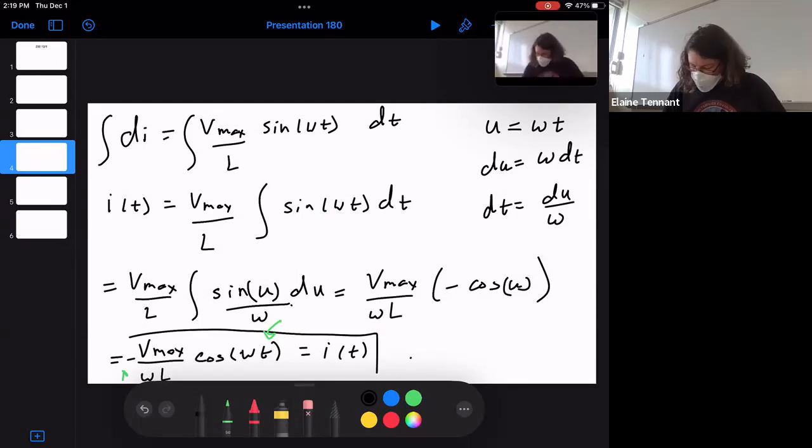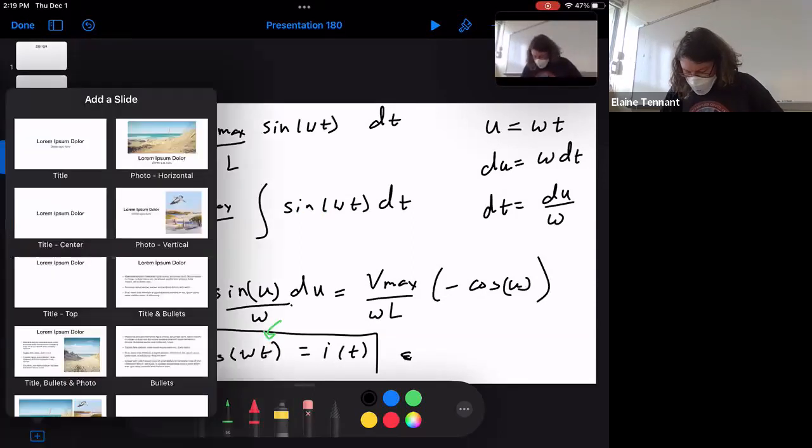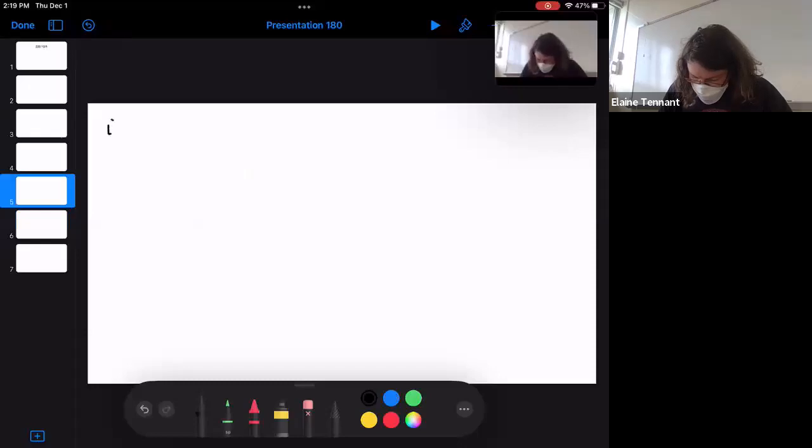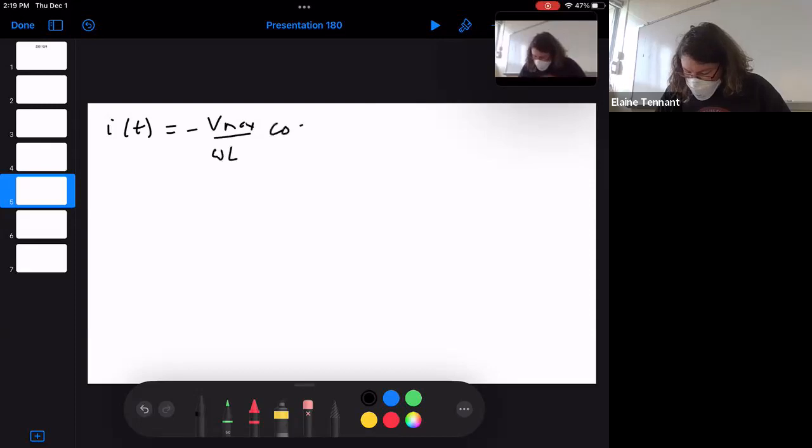Let me write this again. I of t equals negative Vmax over omega L cosine omega t.